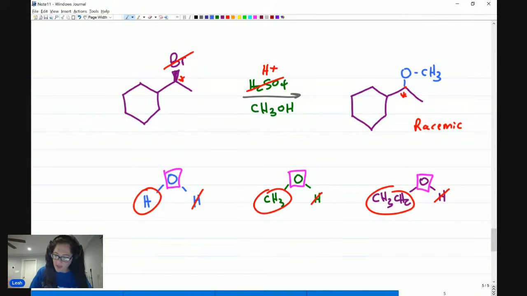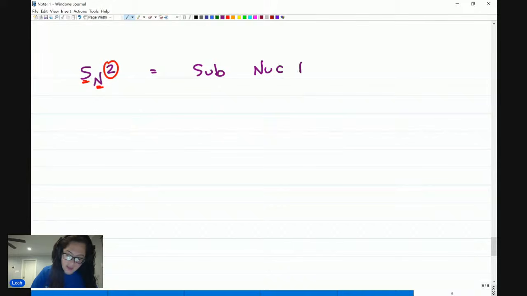So let's go ahead and move on to SN2. SN2 is also a substitution reaction, also nucleophilic, so it's going to use a nucleophile. And the 2 tells us that it is a bimolecular reaction.